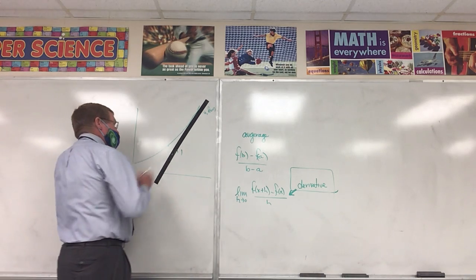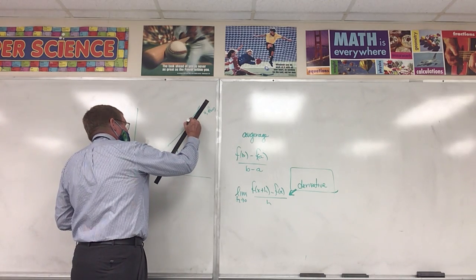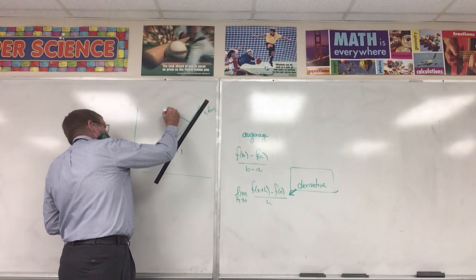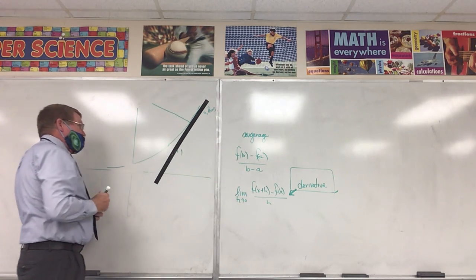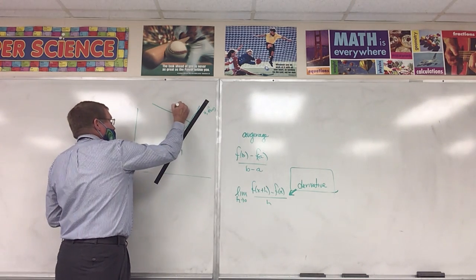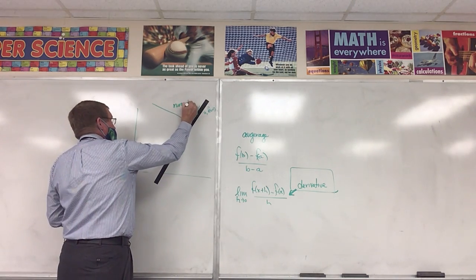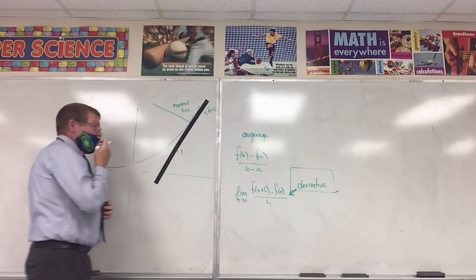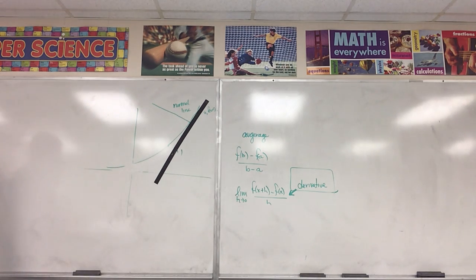If this is my tangent line, then we learn in another course that this line here, the perpendicular line to my tangent line, is called my normal line. What is the relationship between my normal line and my tangent line?